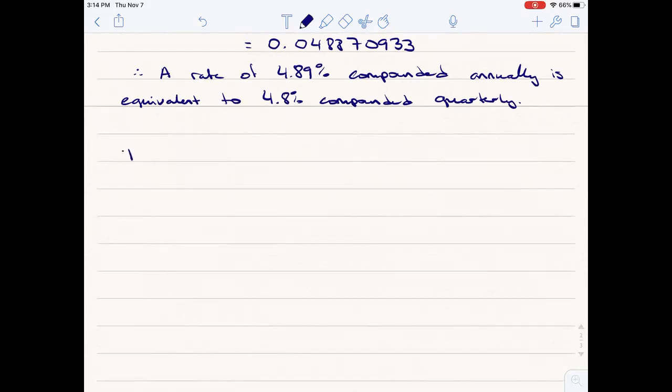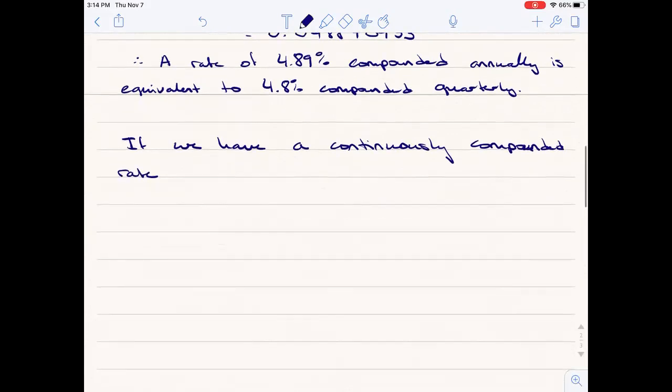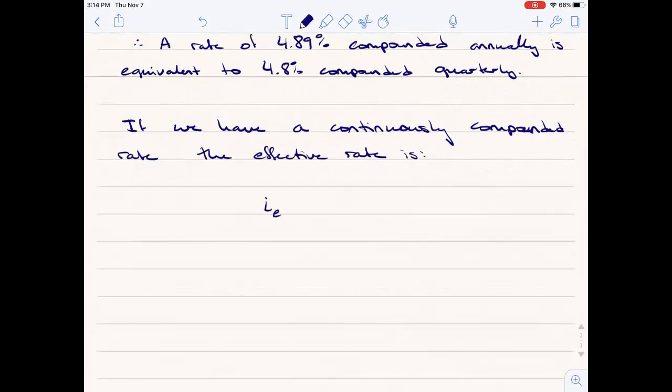But if we have a continuously compounded rate, the effective rate is e to the power of r minus 1.